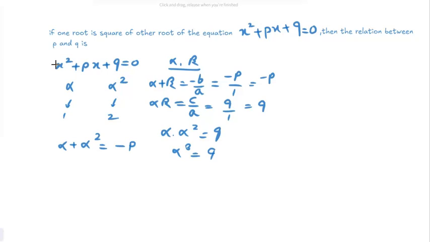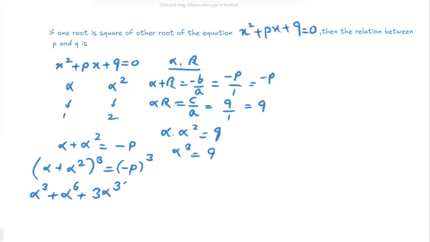Now we also want alpha cube, so we will take the whole cube here. It is alpha plus alpha square whole cube, and this equals minus p whole cube. How can we expand this? It will be a cube plus b cube plus 3ab, and in brackets alpha plus alpha square.